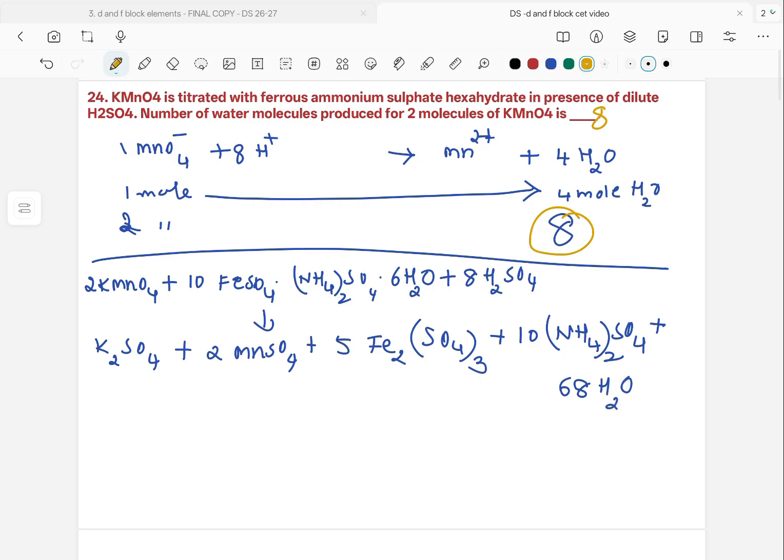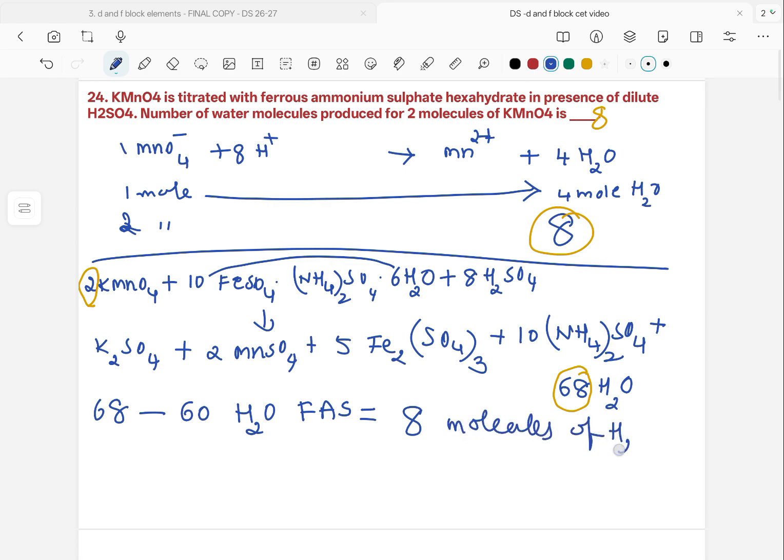Meaning here 2 moles of permanganate is producing 68 moles of water. If you ignore this 10 into 6, 60 water molecules present in FAS, and subtract from this 68, then you will be left over with 8 molecules of water.